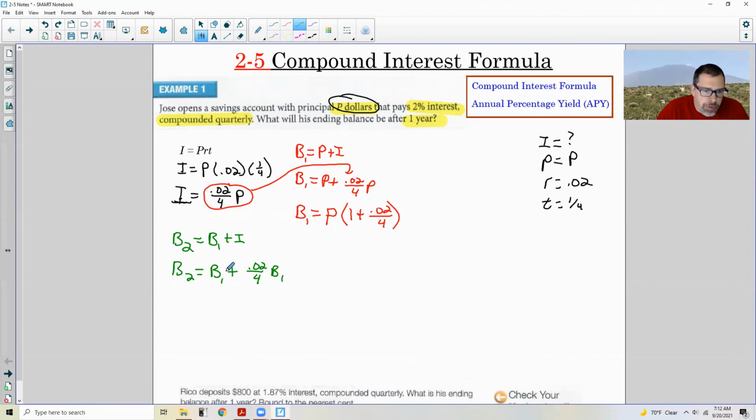Okay, so the principal plus rate divided by the time times our principal, which is what we got up here. See the P, we're just replacing the P with a B1 now. So B2 is the principal from B1 plus 0.02 over 4 times B1. And then I can factor out a B sub 1 from each term. So I'm going to take a B sub 1 and parentheses 1 plus 0.02 over 4.